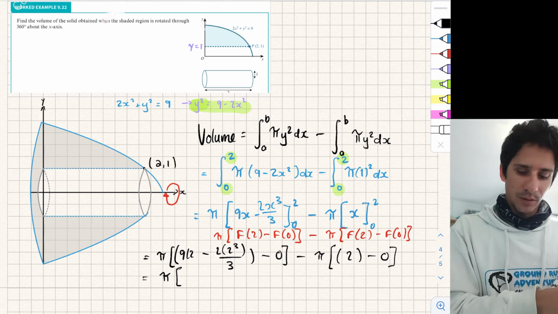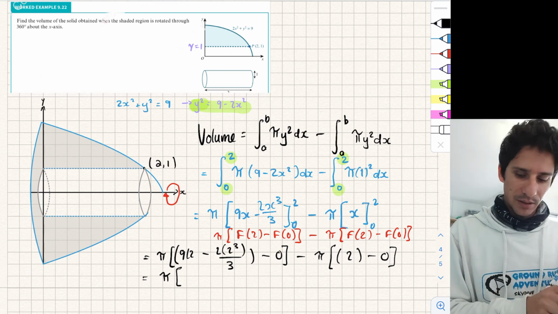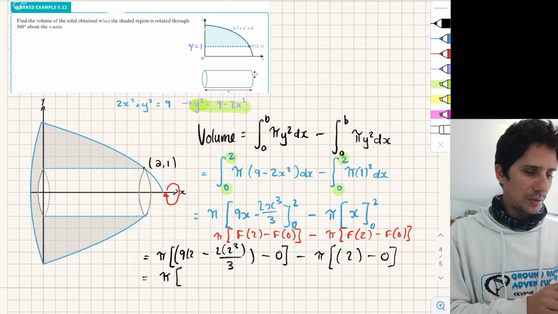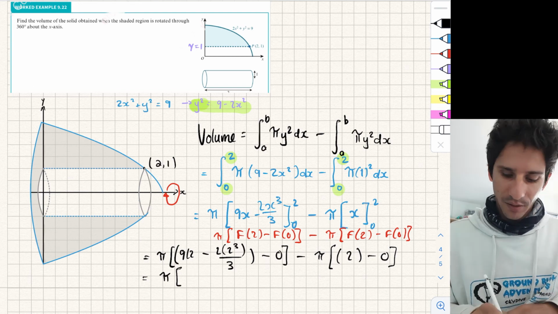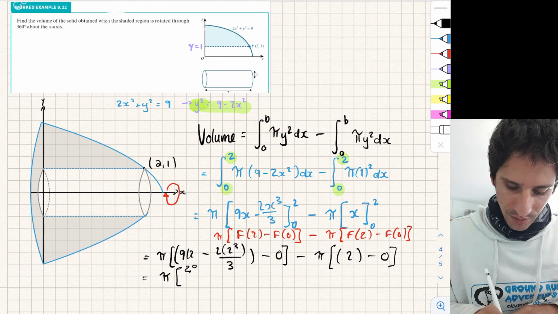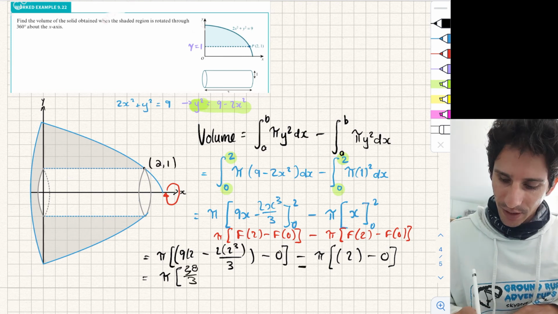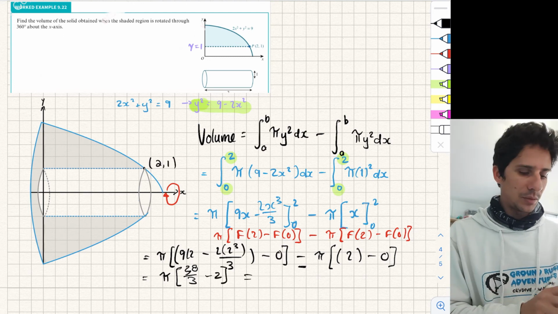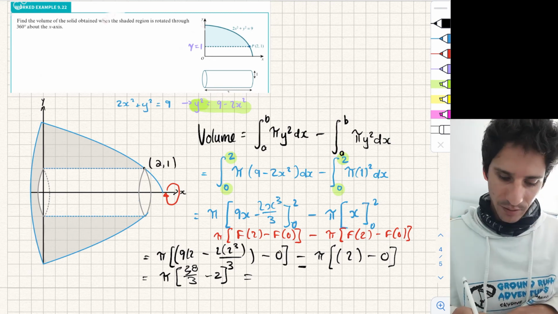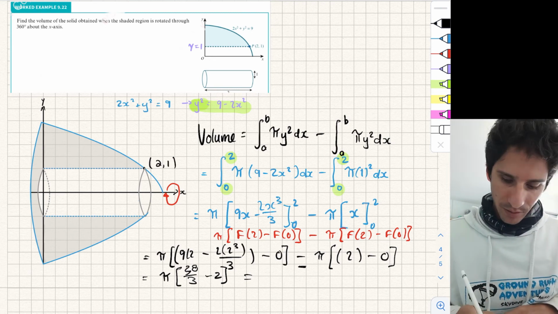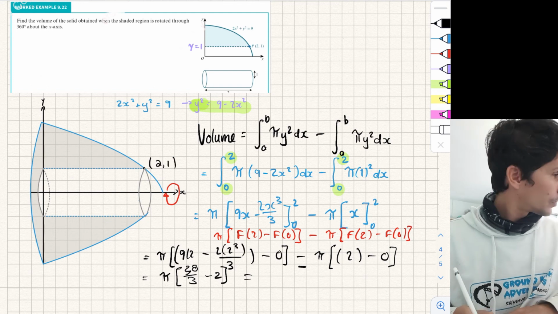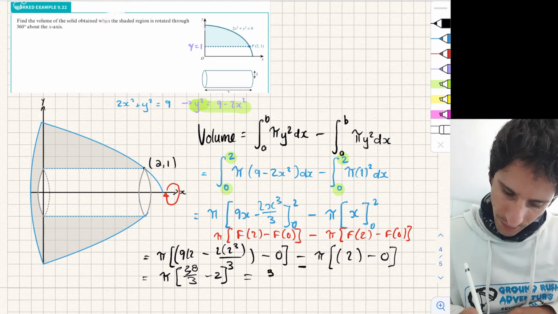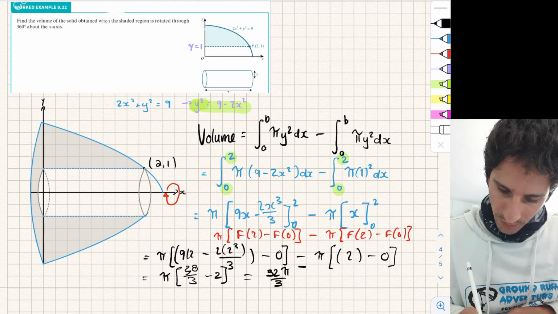So 18 take away 16 over 3 is going to give me 38 over 3, and we are taking away 2, which leaves me with 32 pi over 3.